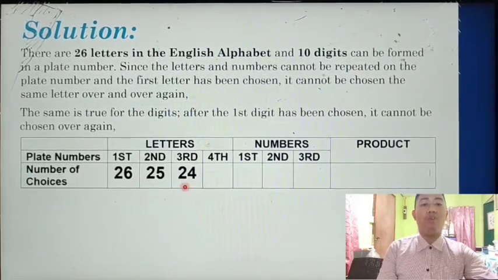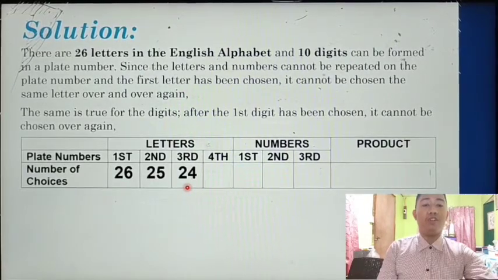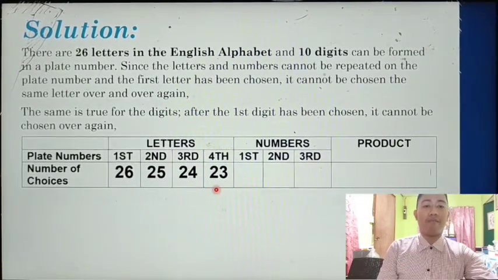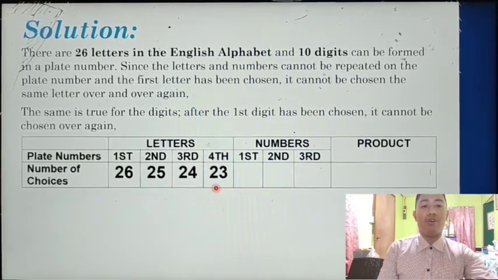So L-O-V, 3 letters already chosen. For the last letter in the plate number, there are only 23 choices because we have already chosen the first 3 letters. So we put letter E, and that is the word LOVE.